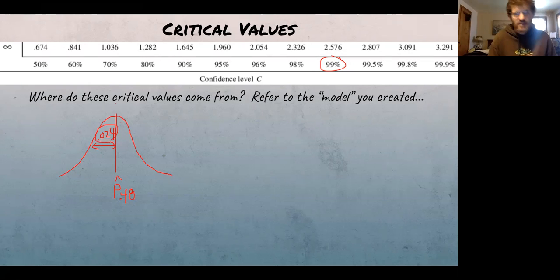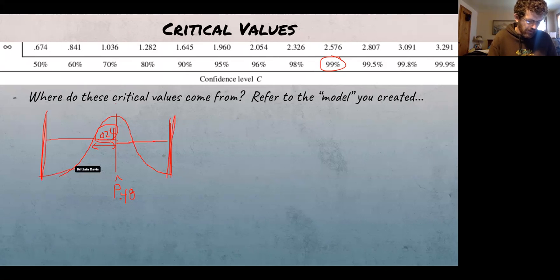So if I think about this as the normal model, then 2.576 standard errors, there's 1, 2, 2.5, so somewhere around here. That far over, and I'll just do equivalent on the other side. And this, you can see, is most of the area underneath. And that's 99%.